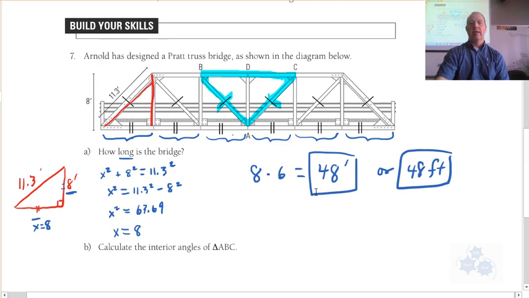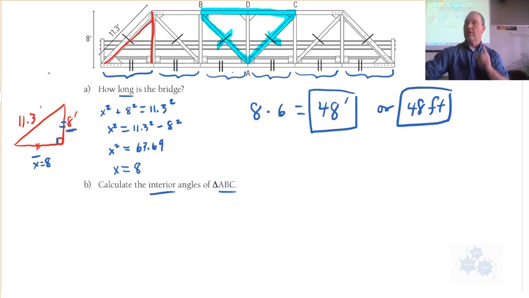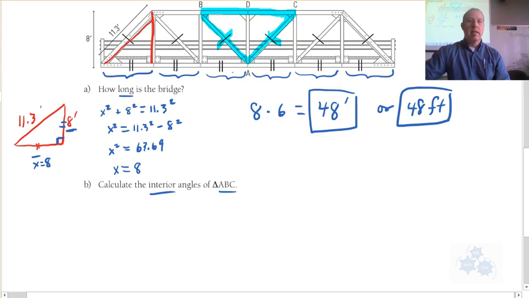All right, so let's take a look at letter B together. The interior angles of ABC. Well, this is a 90 degree. Guys, watch this. This is pretty easy actually. We have to do very little calculation here if we use our brains. So you just use your head and what you know about these triangles. Okay, this is 90. This is an isosceles triangle now, so these angles have to be the same. Let's say this is y, and this is y.